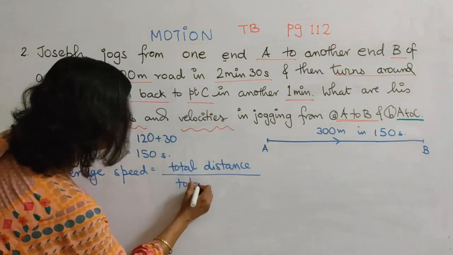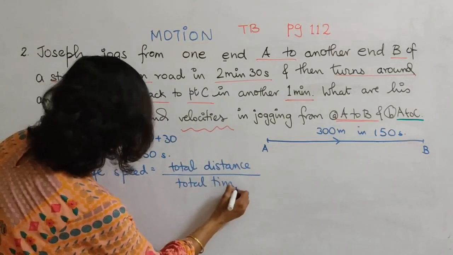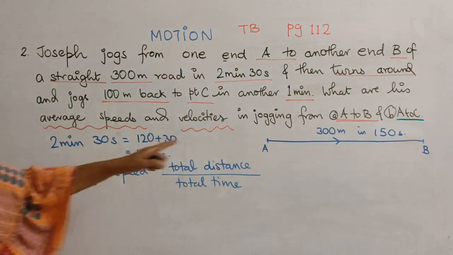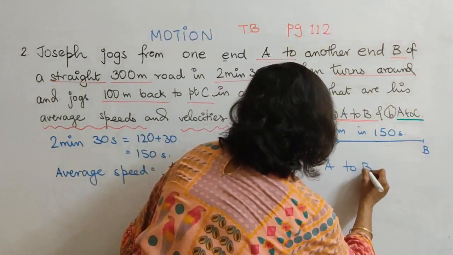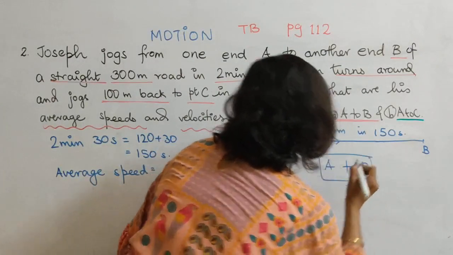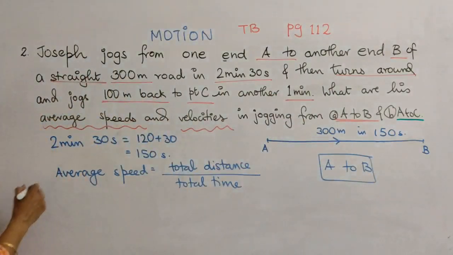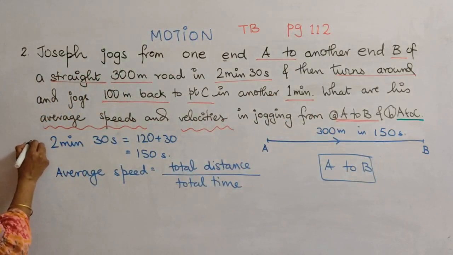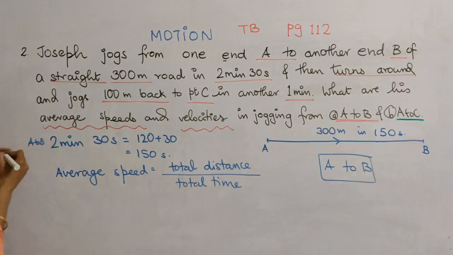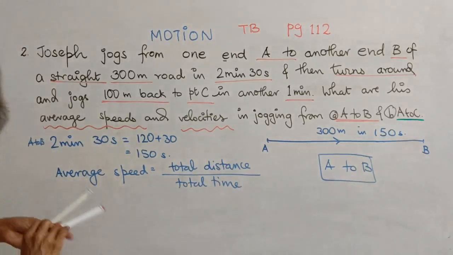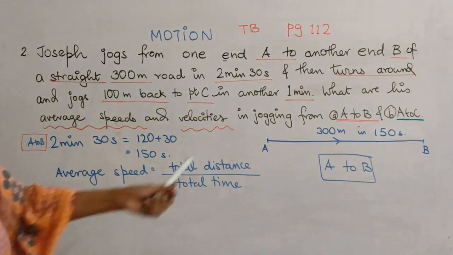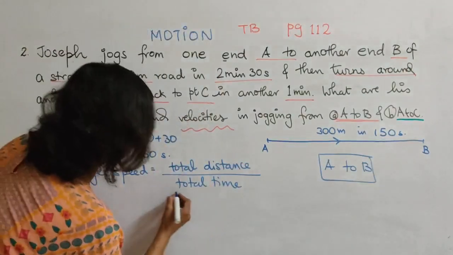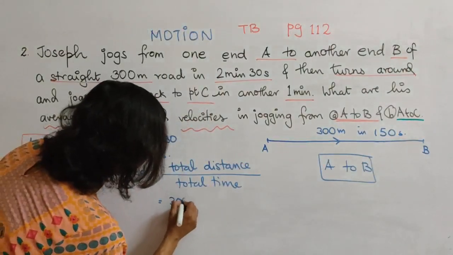We are dealing with A to B. So, now the total distance from A to B is 300 meters.